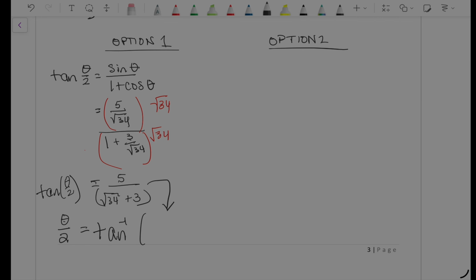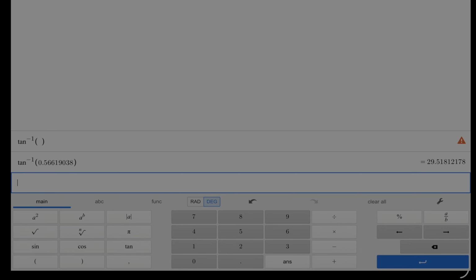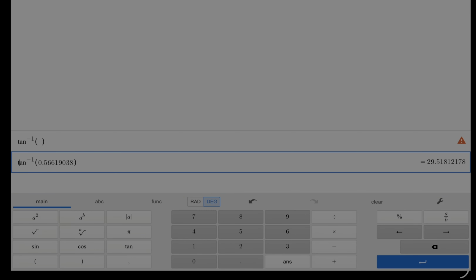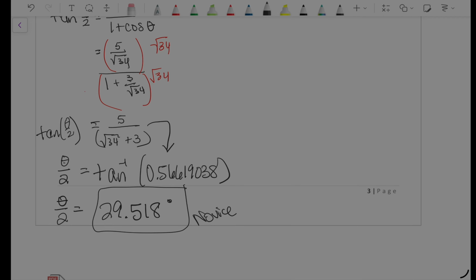As a decimal, this is 0.5619038. Now, the inverse tangent of 0.5619038, theta over 2, is 29.518 degrees. That is the half angle. That is the small ramp for the novice.